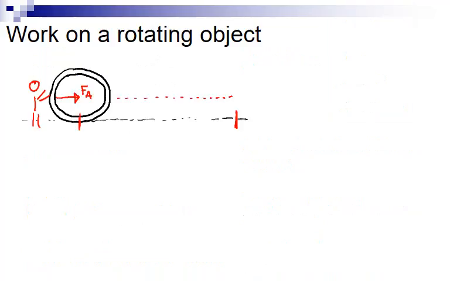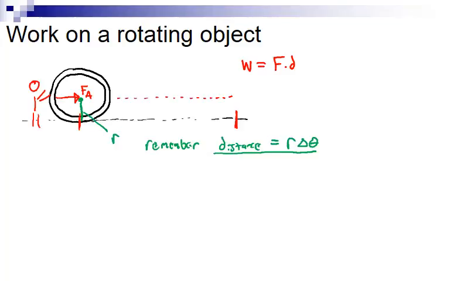So for work, let's say we apply a force over a displacement, right? Well, there's a certain radius here that we're applying a force over. And remember that distance equals r theta, right? So this is a critical relationship here. The distance traveled here is equal to r times theta.